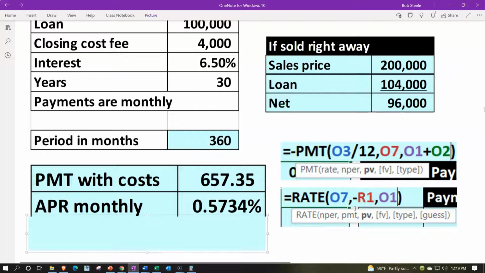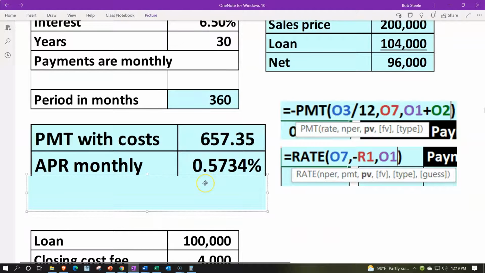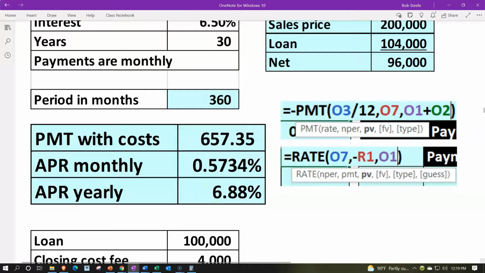So negative on the payment, that's going to be the 657.35. And then the present value, which if we were to put in the 104, would give us 6.5%. But we're not putting in 104. We're just going to put the 100, not including the fees. And that gives us our monthly APR, which we can then multiply times 12 to give us our yearly APR.